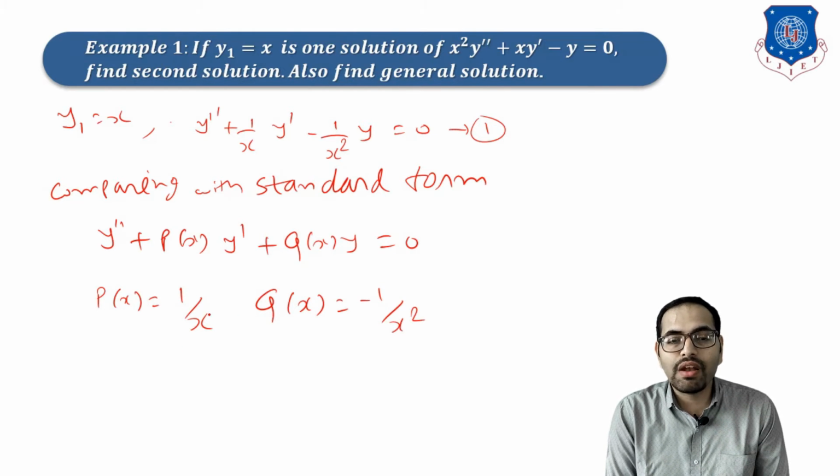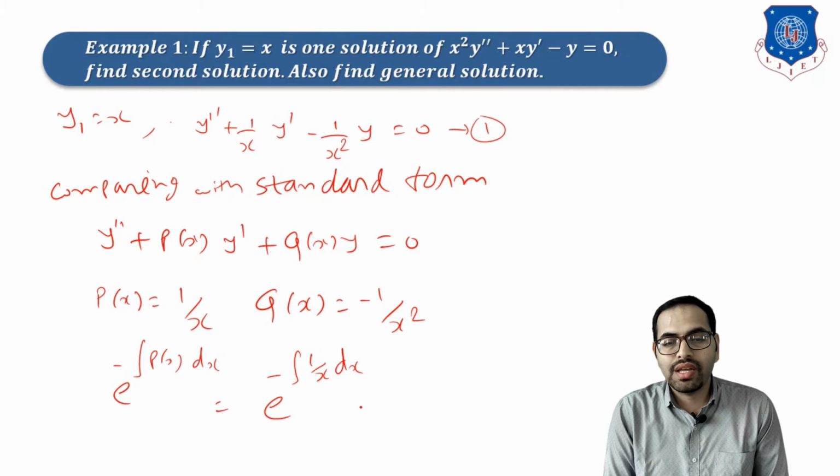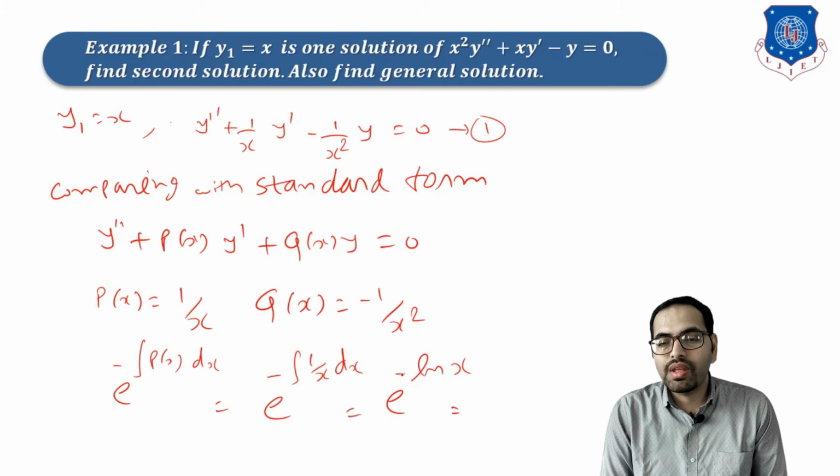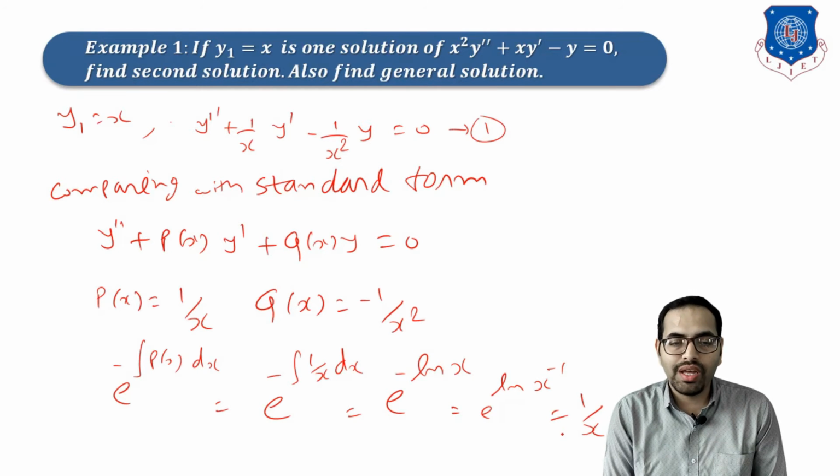Here we require the value of p of x. See, we find the second solution. For that we have the formula u of x equal to integration of e raised to minus integral p of x dx. Then we require e raised to minus integral p of x dx. Find this term, e raised to minus integral 1 upon x dx. Then e raised to minus ln x. To simplify that term, e raised to ln x raised to minus 1, then it becomes 1 upon x.